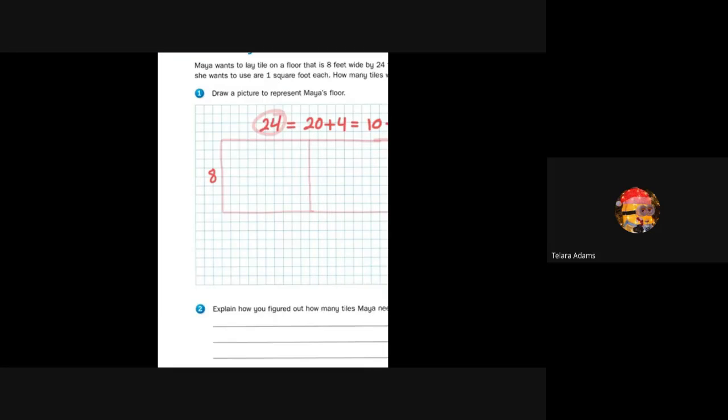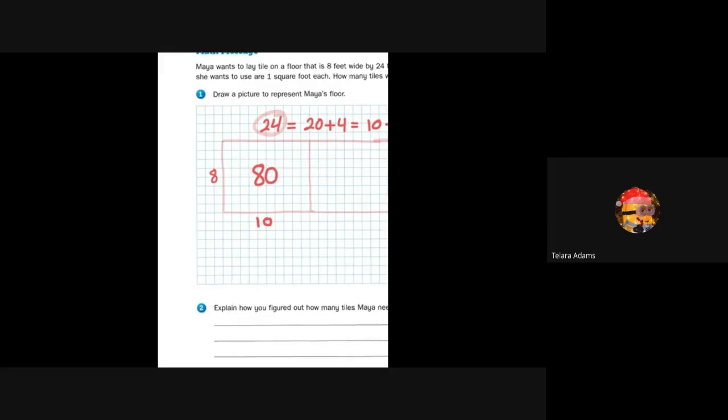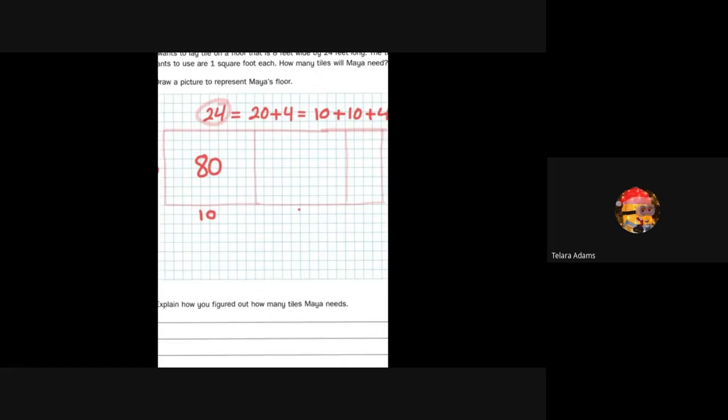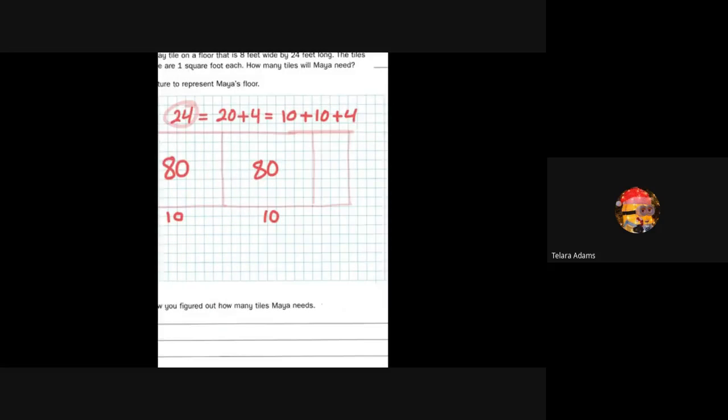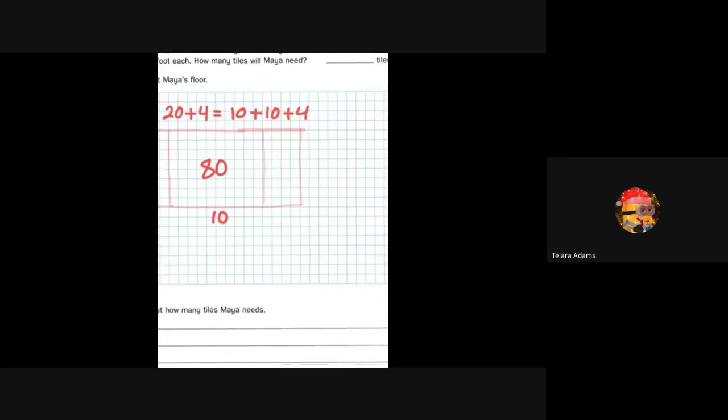If this box, technically a rectangle, is 10, I can just figure out what 8 times 10 is. 8 times 10 is easy. That's 80. And if that is 8 times 10, well, this would also be 8 times 10. That's 80. And then this box right here is just 8 times 4. Okay? And of course, I know that 8 times 4 is 32.